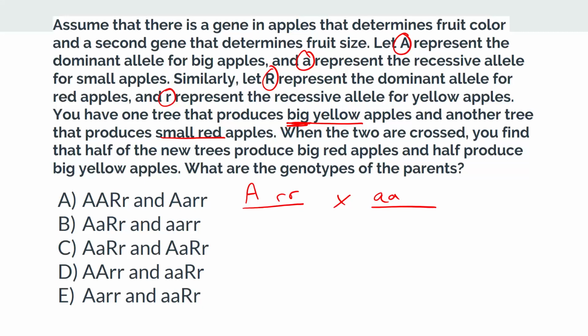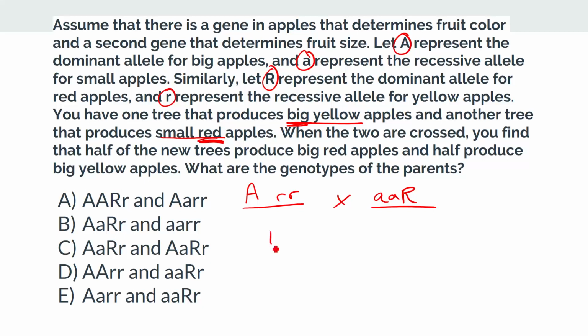What about parent 2? It's definitely got to have one big R. We don't know about the other R yet, right? Because it can be big R, little r, and still be red, because big R is dominant, right? So that's what we've got there.